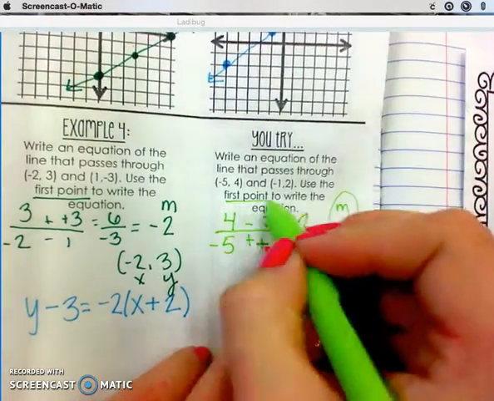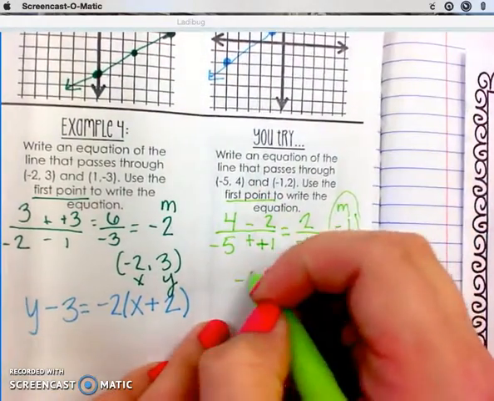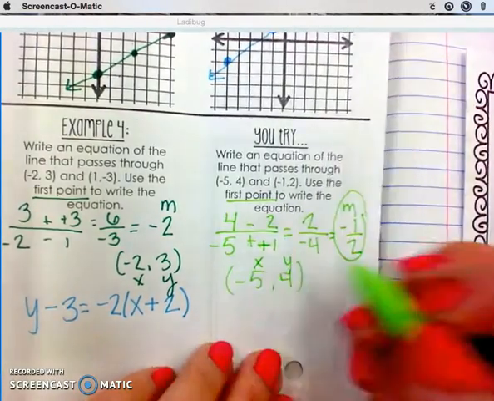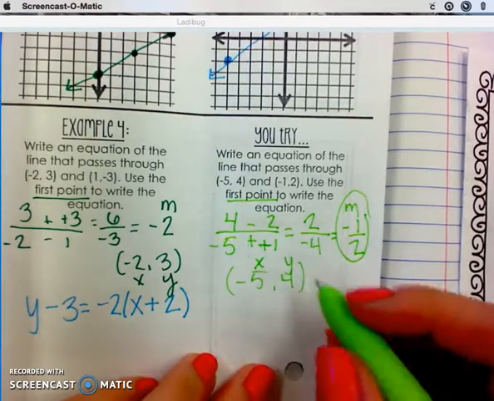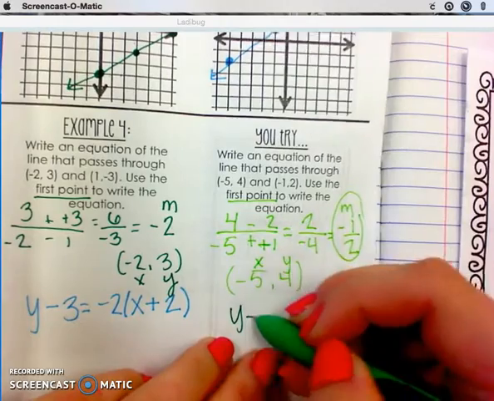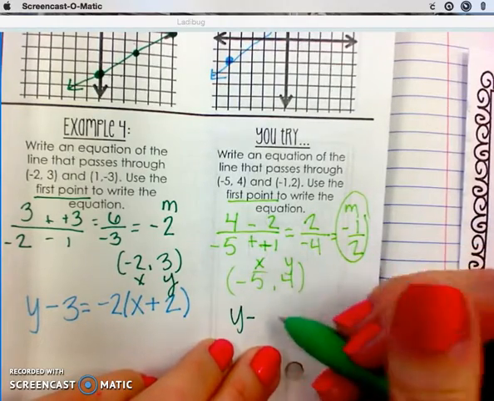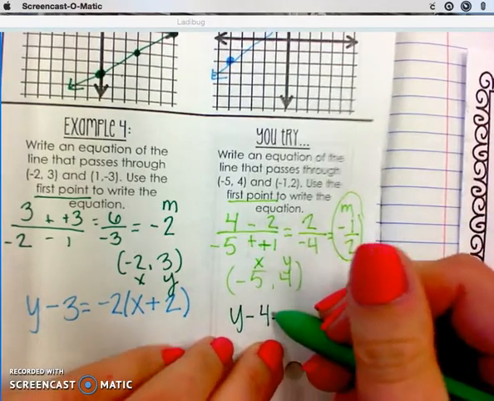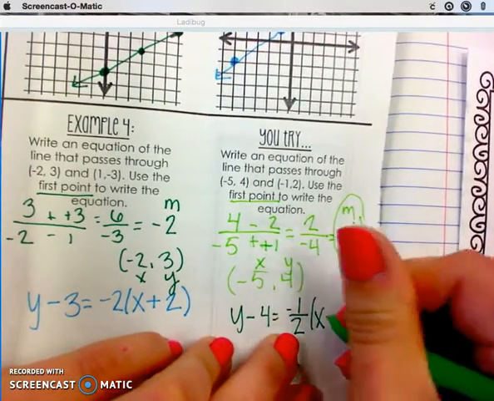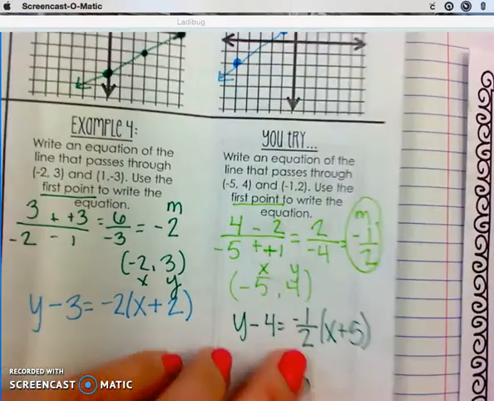And using that first point, so (-5, 4), x and y. y minus my y1, which is 4, equals -1/2 times x minus -5, which is a +5.